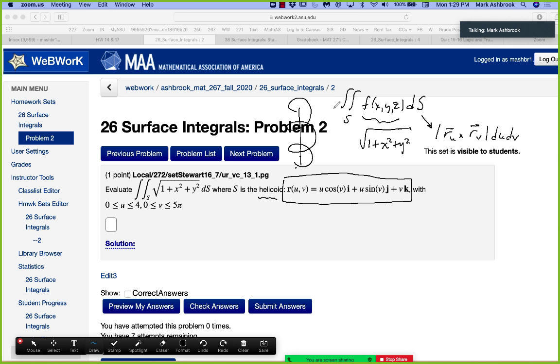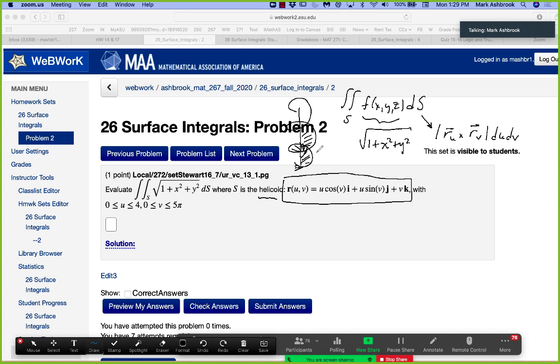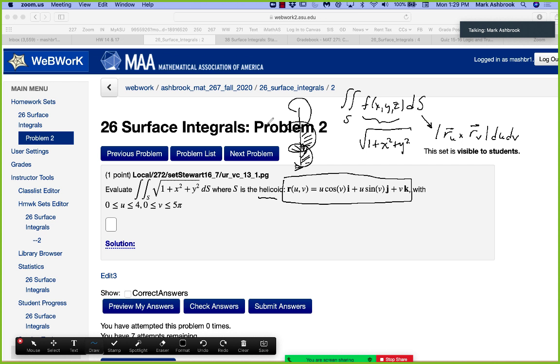So it's a surface that looks kind of like that, where this is the surface here. Is that the one where it gets bigger? This does not get bigger. It extends infinitely out this way, but the radius doesn't get bigger.